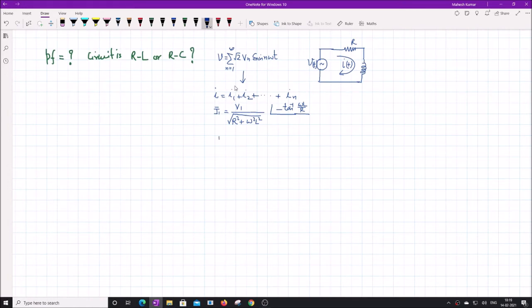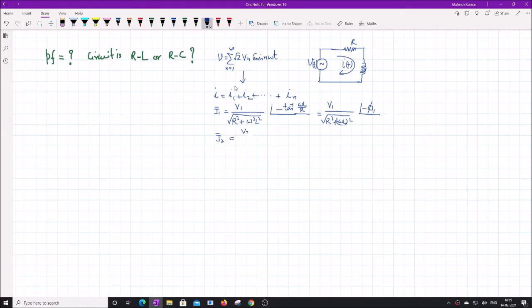Similarly, we can find I1, which is V1 by the square root of R squared plus (ωL) squared, at angle minus φ1, where φ1 is the angle by which the current lags the voltage.